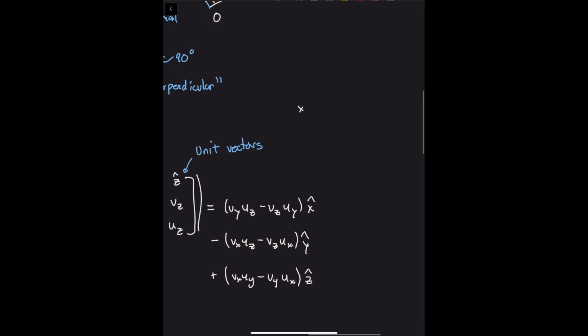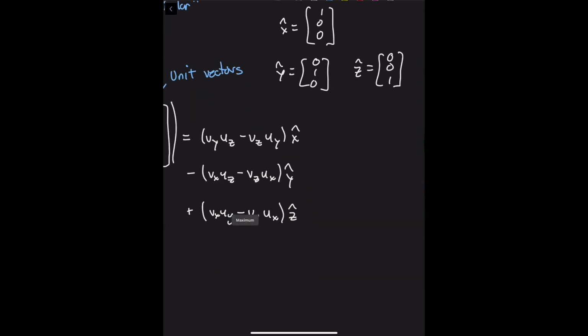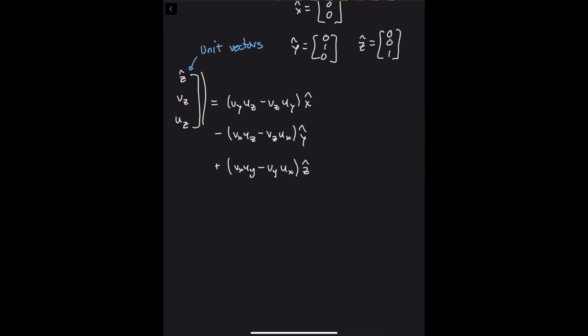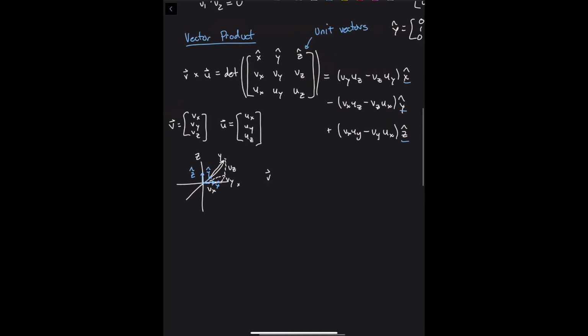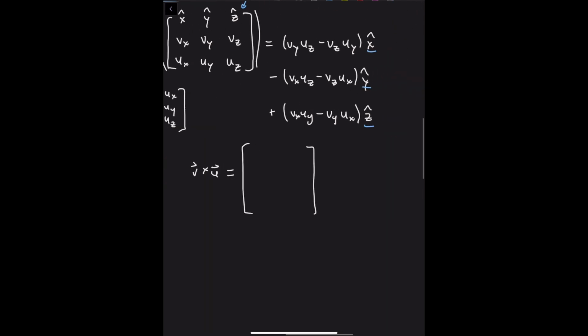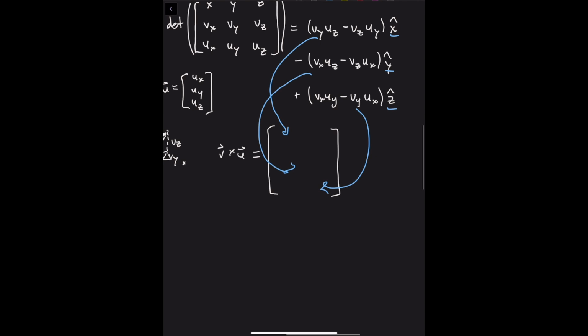And just to clarify once again, x hat would be the vector 1, 0, 0. Y hat would be 0, 1, 0. And z hat would be 0, 0, 1. So when we add these all together and multiply them by their x hat, y hat, and z hat, the vector we come out with, this part would go here, this part would go here, and this part would go here. If that makes any sense.